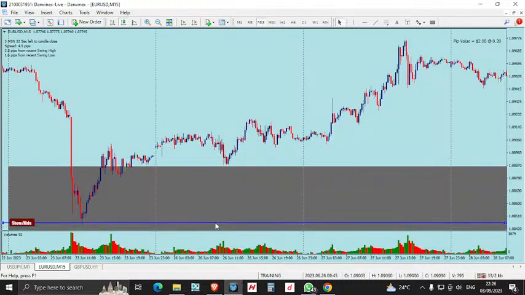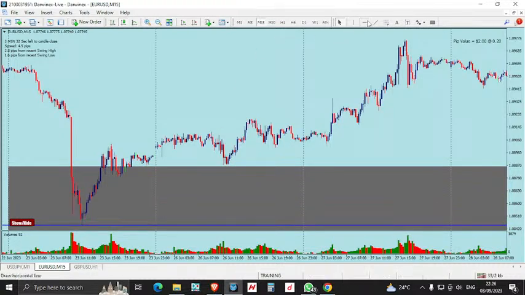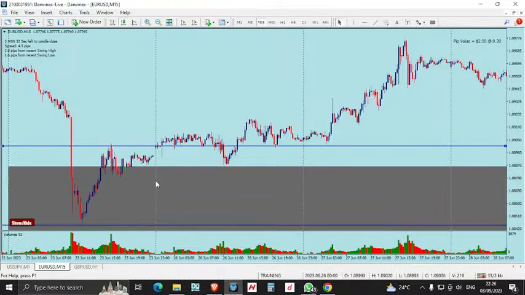This is the swing low here. Then it moved up here, swing high. Then when the market broke, it made a kind of swing high here. It has broken this recent high.